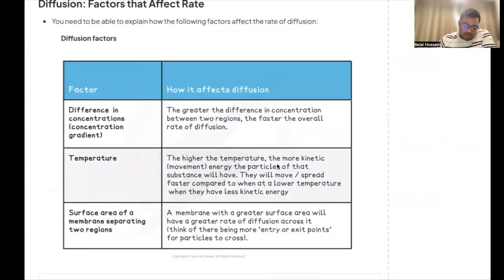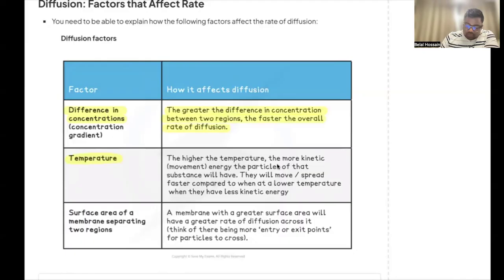Now, there are few factors that affect the rate of diffusion. So you can already understand difference in concentration will affect diffusion. If there is a lot of a particle outside the cell, it will want to go inside the cell. So the greater the difference in concentration between two regions, the faster the overall rate of diffusion.